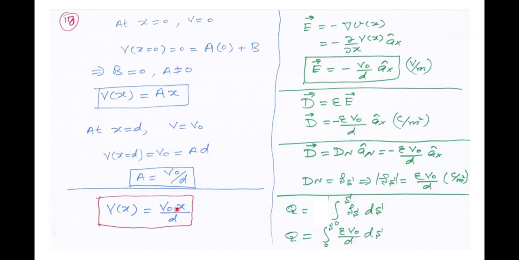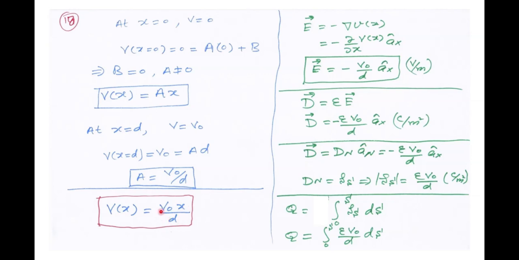Now we will check whether this expression satisfies the given boundary conditions or not. As we know, at x equal to 0 the potential is 0, and at x equal to d the potential is V naught. So this function satisfies the boundary conditions.